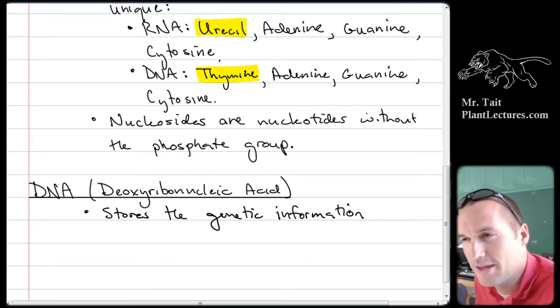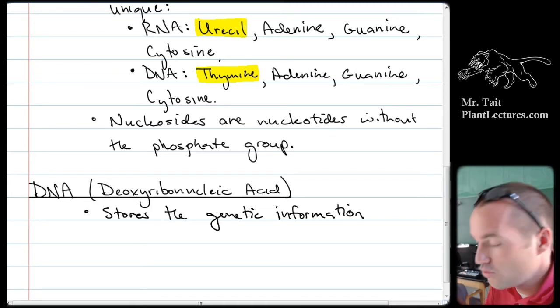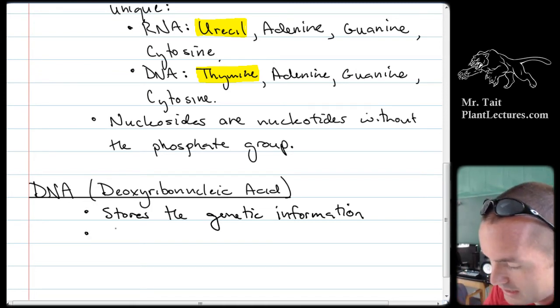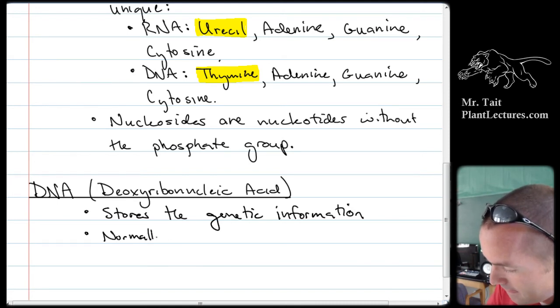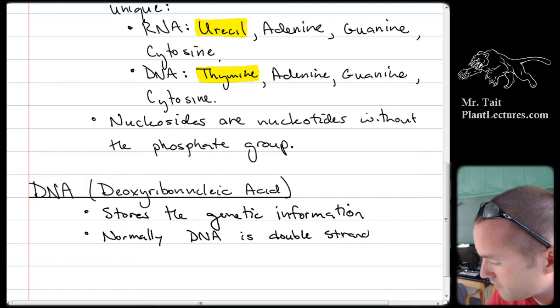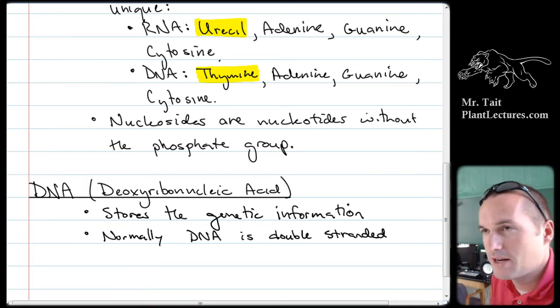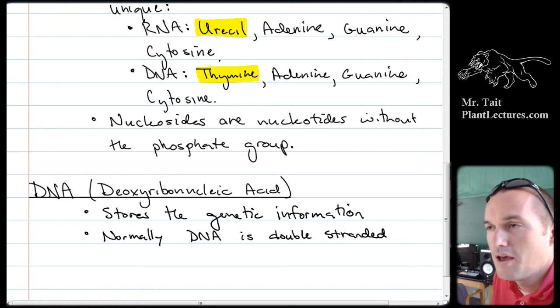Now, it's so important that you don't want it to get messed up. So normally DNA comes in a double-stranded form. And I would equate this to the reason why it needs to be double-stranded is not only does it make it really easy to copy it, but also it's like having a backup of your stuff.